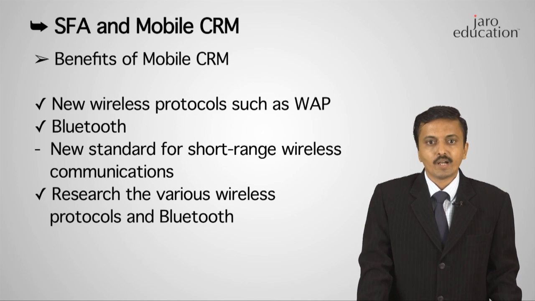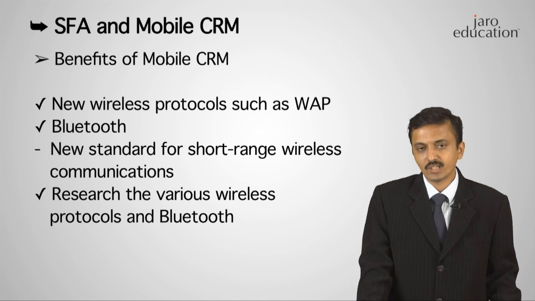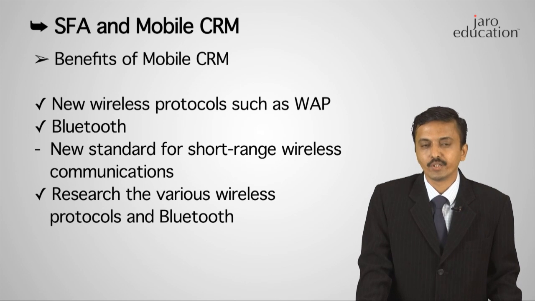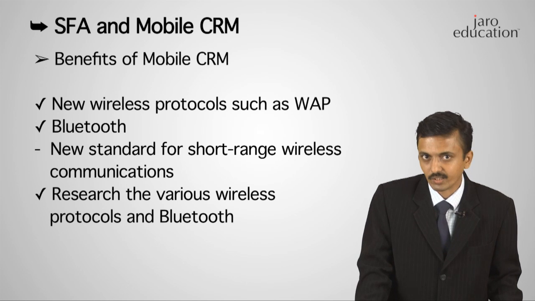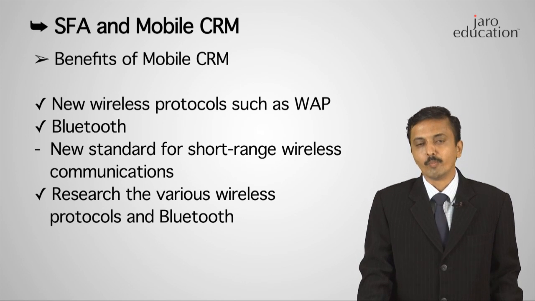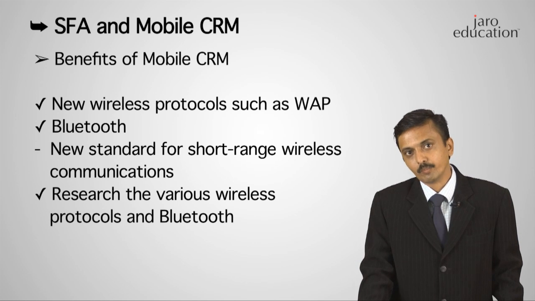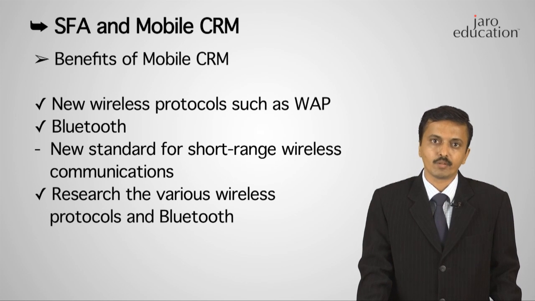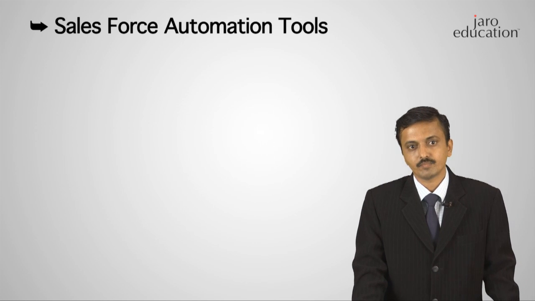Now, new wireless protocols such as WAP and Bluetooth, a new standard for short-range wireless communications, are the methodologies, or how the mechanism, rather, through which a CRM application can be operated on a mobile device, that is, Bluetooth technology or wireless application protocol.